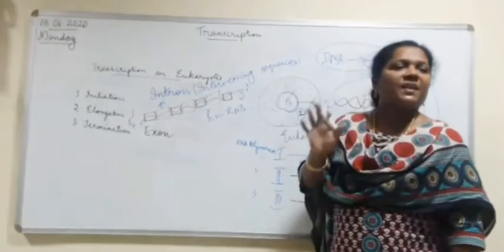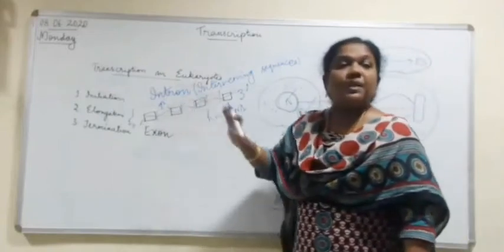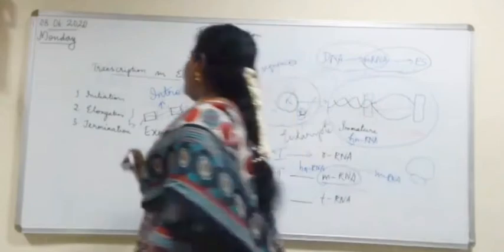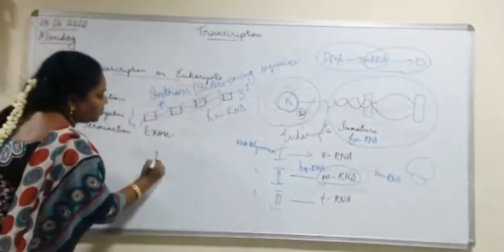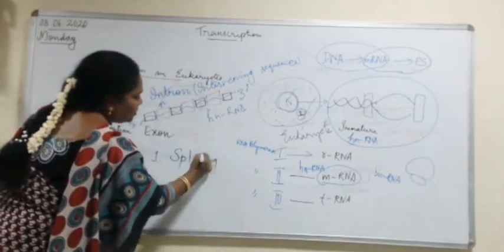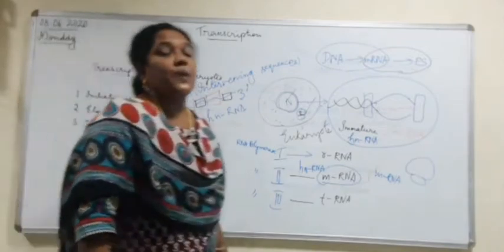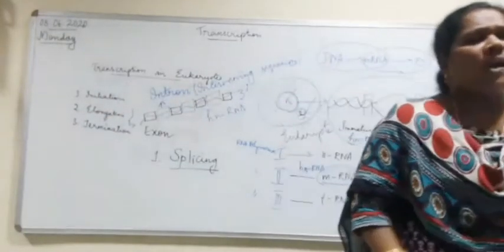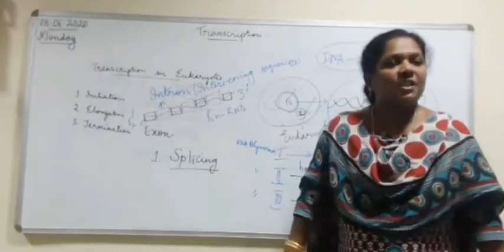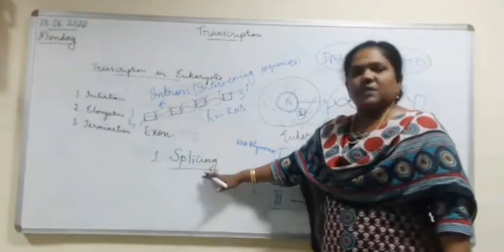So what has to be done? These introns have to be removed. So the first step involved here you call splicing. What do you call this method? Splicing. So what is this splicing? Removal of introns from the HnRNA is called splicing.